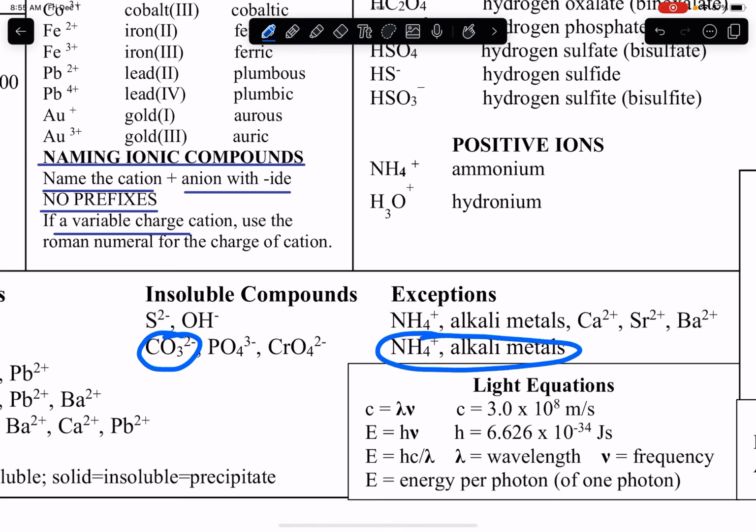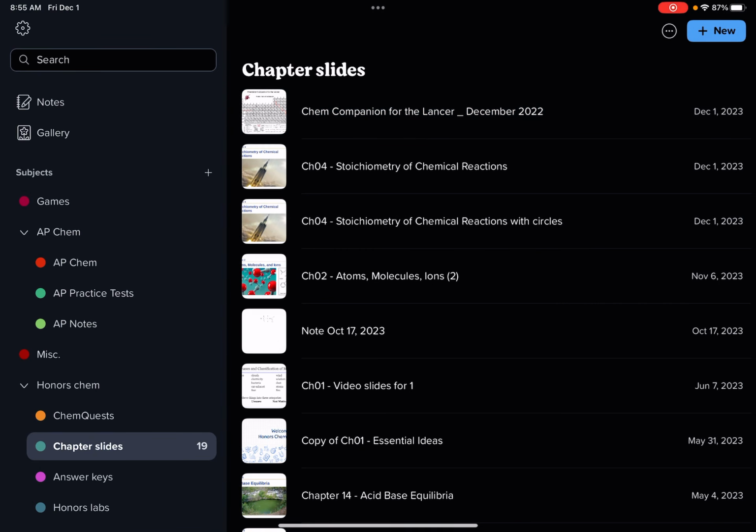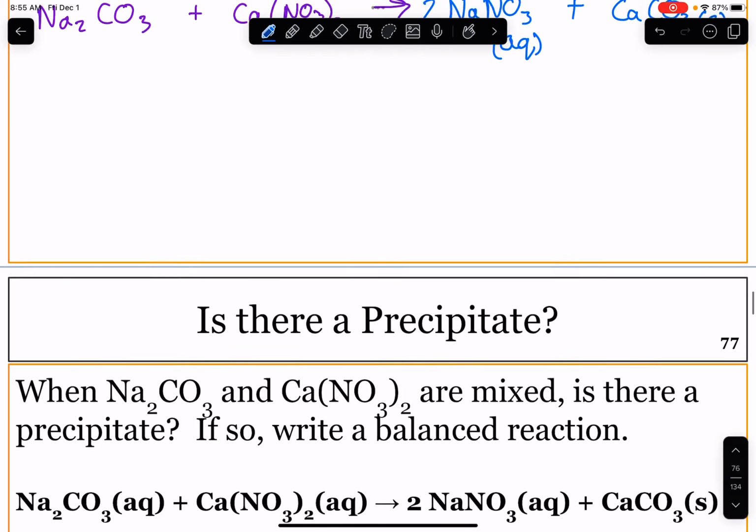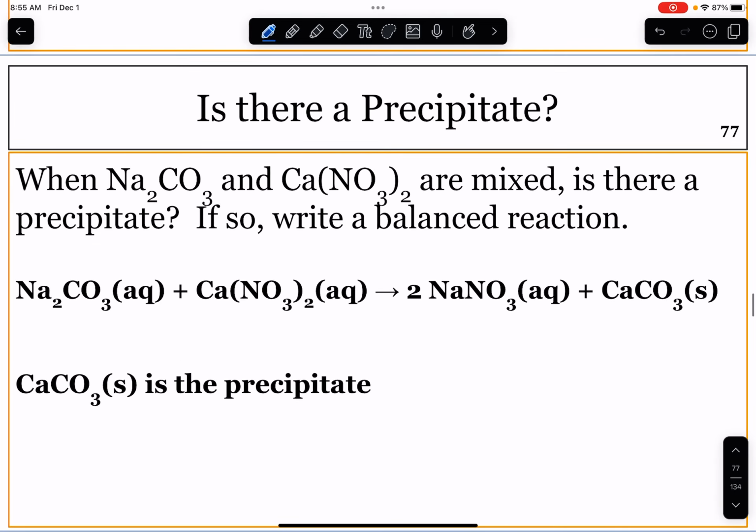Calcium is not one of these exceptions because calcium is not an alkali metal. Alkali metals are just the first column and calcium is in the second column. Therefore, this is not an exception to the rule, and calcium carbonate is solid. So the answer is yes. There is a precipitate, and calcium carbonate is the precipitate. So this is a precipitation reaction.